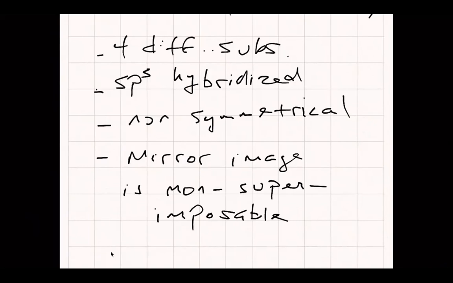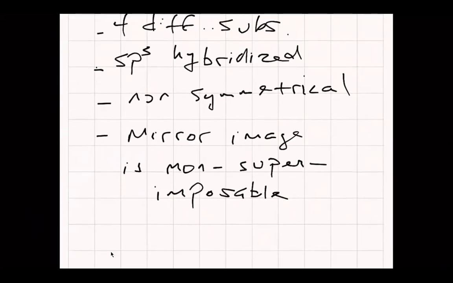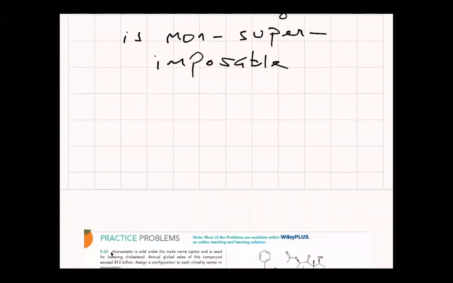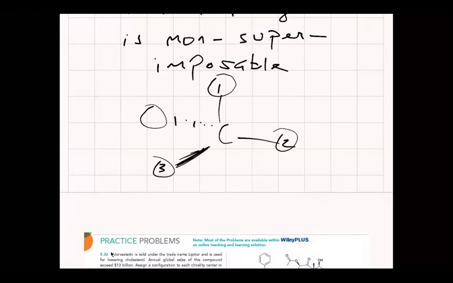All right, so these are your 4 criteria, and if any atom, carbon, nitrogen, silicon, sulfur, meets these 4 criteria, then that atom is considered chiral. You can have other atoms that are chiral centers. I'm going to use carbon and write the tetrahedral depiction of carbon, with 4 groups: 1, 2, 3, 4.